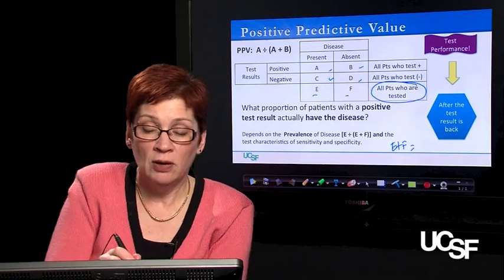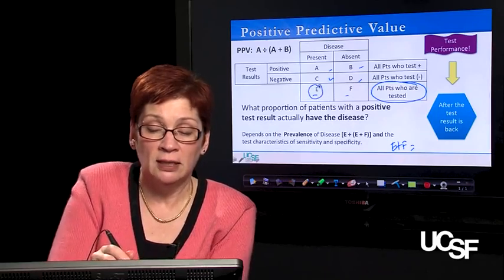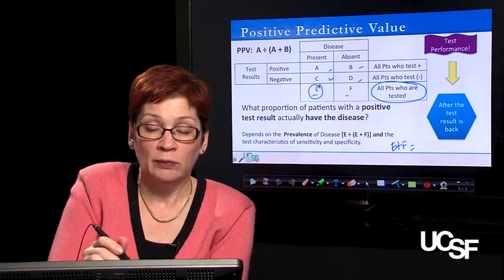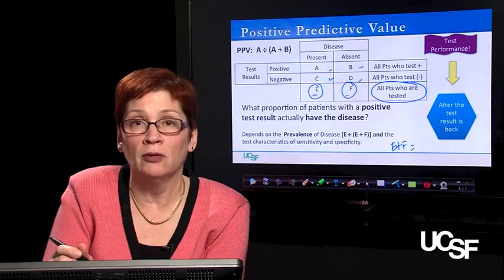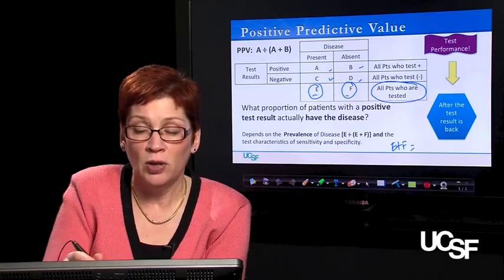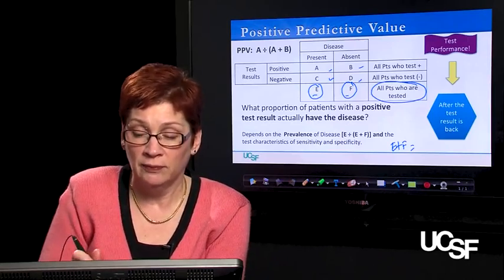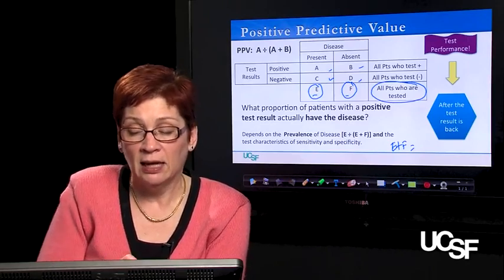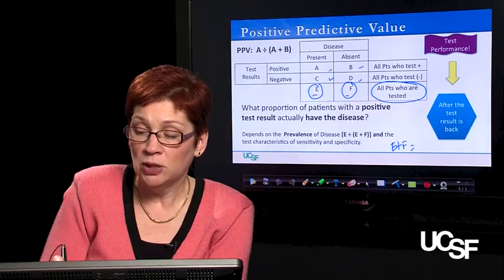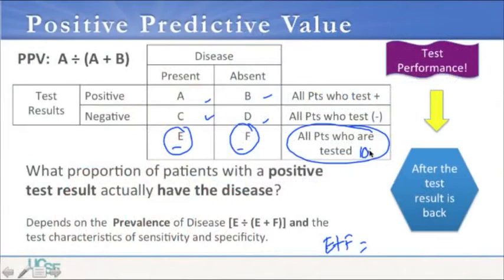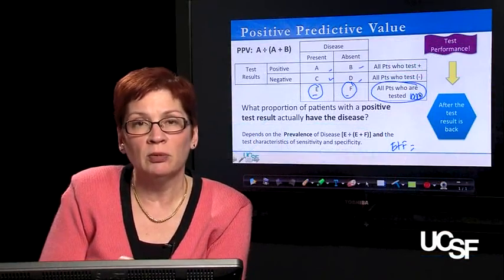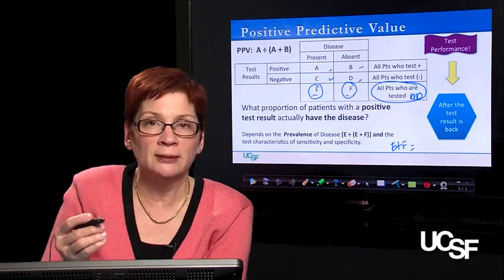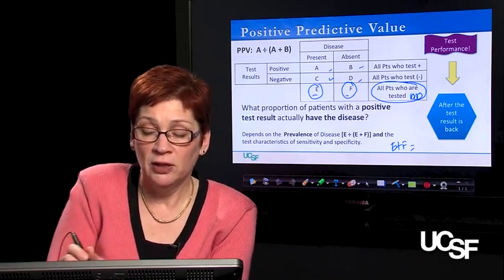So E represents all people who have disease in this population, whether they test positive or negative, and F represents all people who are free of disease in this population, whether they test positively or negatively. Now, how we get to E and F is we take all patients who are tested, say there's 1,000 of them, and we use our pretest probability, say it's 20%, and then fill in these squares.